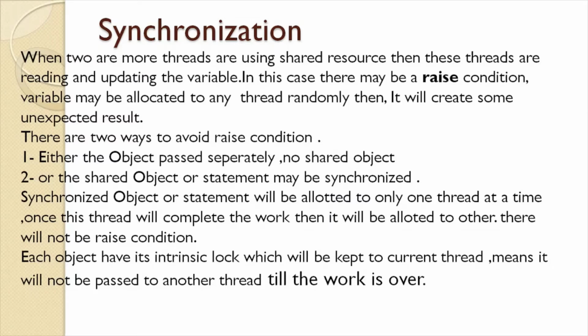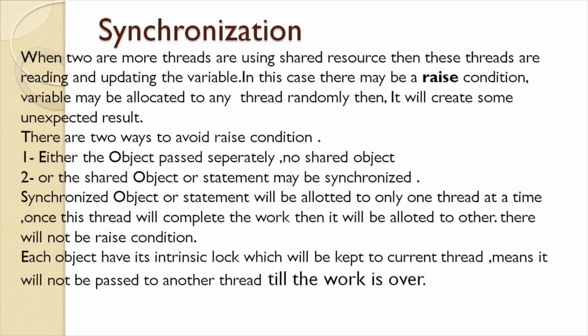When two or more threads share a resource, these threads are reading and updating the variable. Reading and updating means that if one thread is acquiring a particular variable, it takes the value of the variable, and after modification or execution of work, it updates the value of the variable.